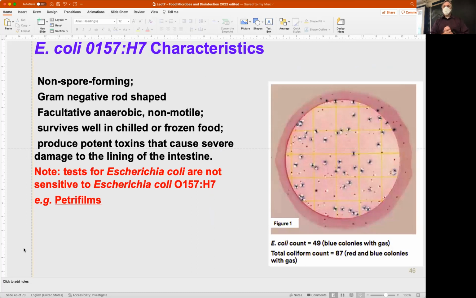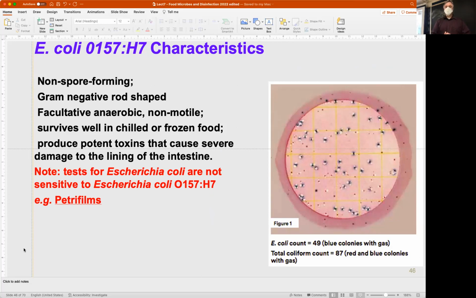What are some characteristics? It doesn't form a spore. It's a gram-negative rod. It can survive without oxygen, so it's anaerobic, but it can live if there is oxygen, so it's facultative anaerobic. It's not really motile, but it can survive in frozen food.